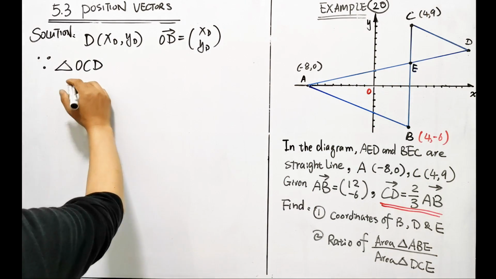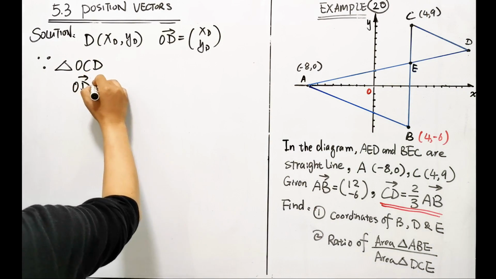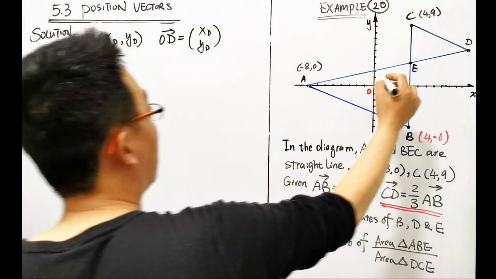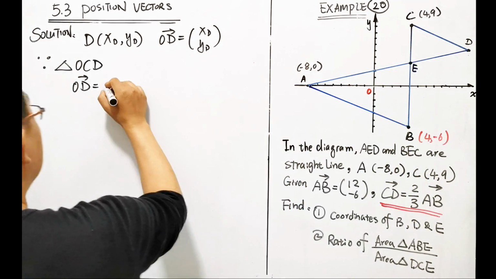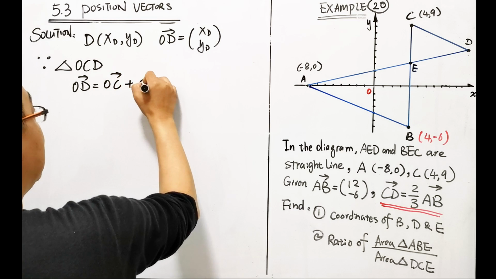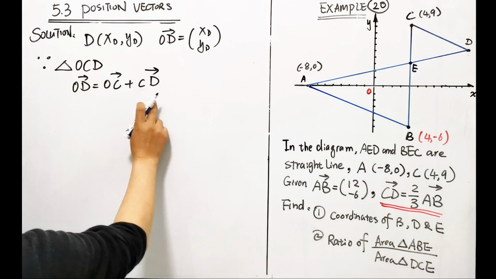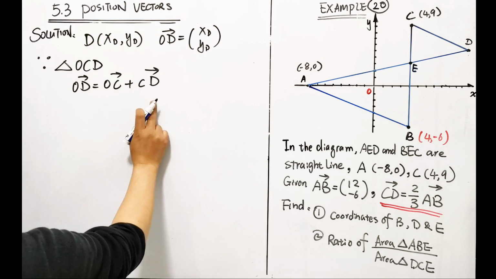The relationship: OD equals to OC plus CD. Is it correct? Okay, so that is the relationship.